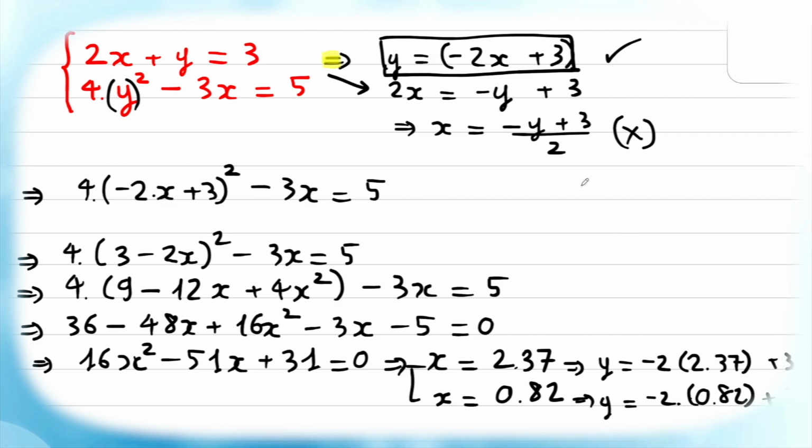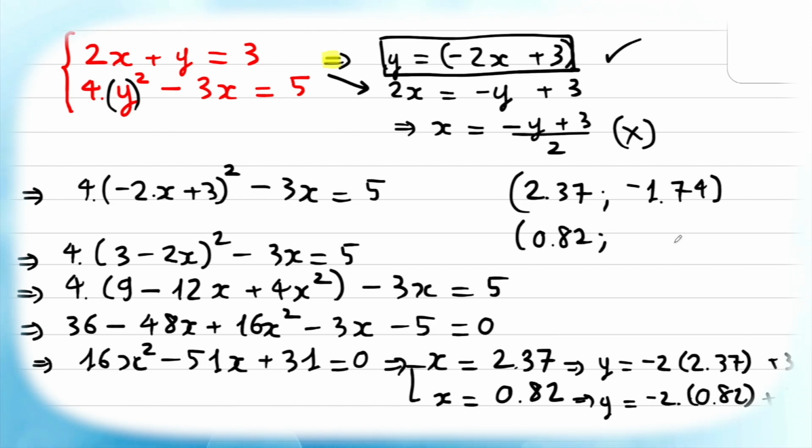The first point will have x = 2.37, and wait a second, I want to figure out the new value for y. 2.37 multiplied by minus 2 and then plus 3, we get minus 1.74. The next one is 0.82, multiplied by minus 2 and plus 3, we get 1.36. So you get the point here and this one here.